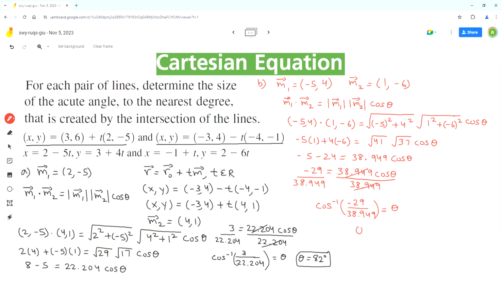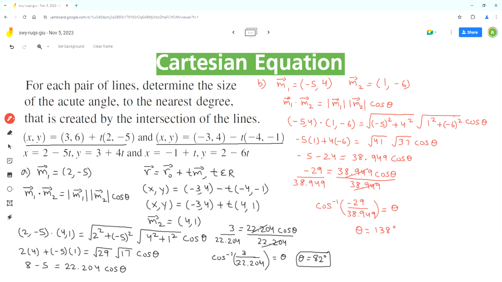Now we can evaluate this inverse of cos. So I got almost 138 degrees. So this is the angle between the direction vectors. And this is also the angle between the lines.